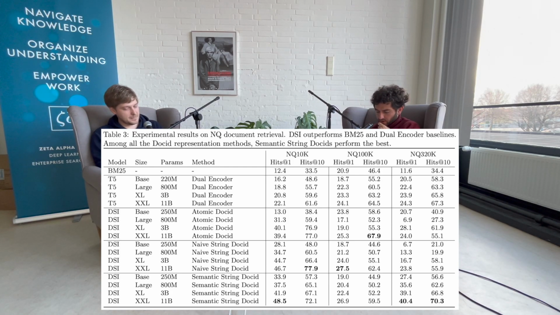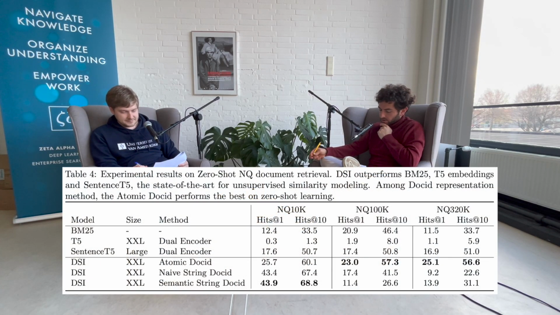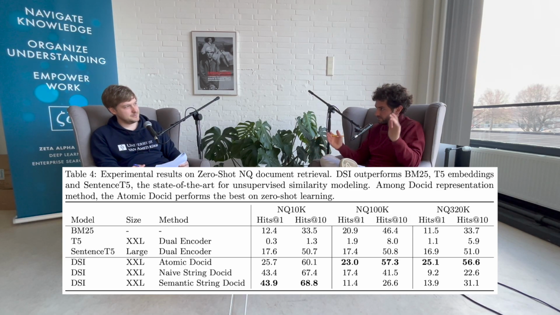It makes sense. All right. So far we have talked about results that are fine-tuned, right? Yeah. And right below we have table 4, which is a slightly smaller table with the zero-shot results, right? So basically using this model without labeled data to do retrieval on the same three partitions of the data set.